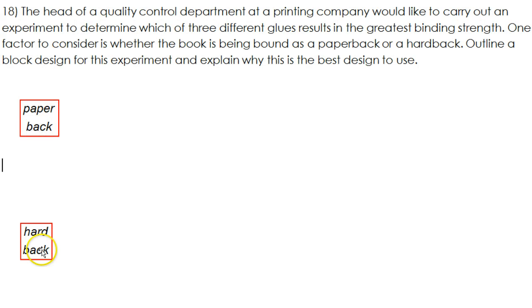Alright, we have paperback books and we have hardcover books, and that's going to affect how the glue is going to work in terms of binding strength. So to have one experiment basically running on paperback books and then have a separate experiment running on hardback books, that will make a block design.